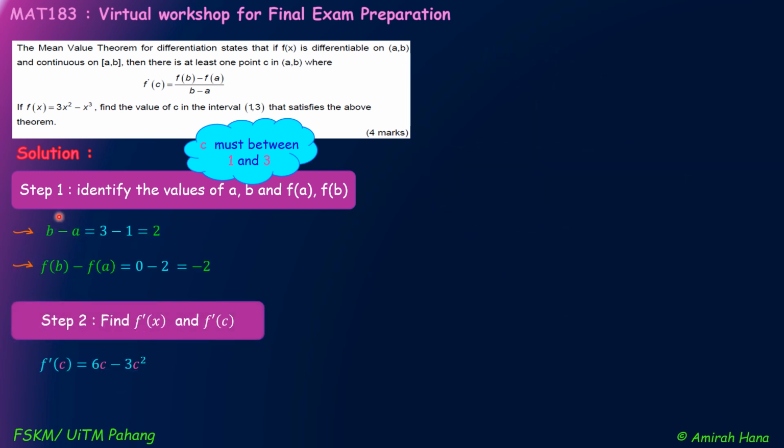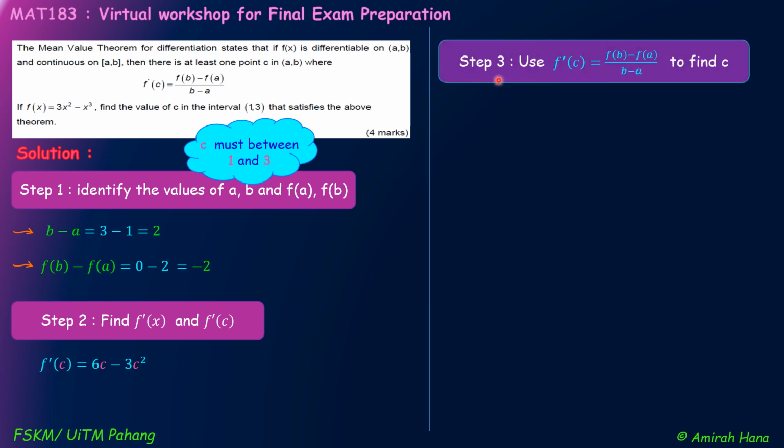From the previous slide, under step 1, we get b minus a equals 2, f(b) minus f(a) equals negative 2, and f'(c) equals 6c minus 3c squared. After that, we continue with step 3. Use f'(c) equals (f(b) minus f(a)) over (b minus a) to find the value of c.